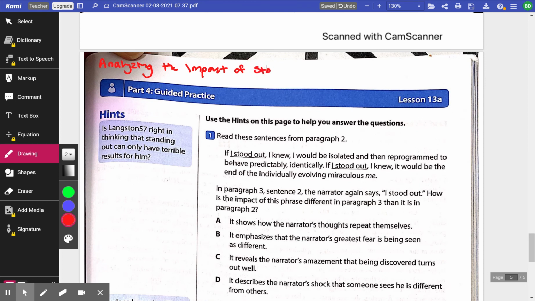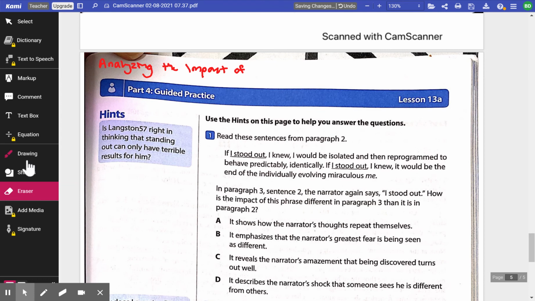Not story elements. My mind is in a different place. We're analyzing the impact of word choice. That's what I'm doing. Sorry, guys. Analyzing the impact of word choice.